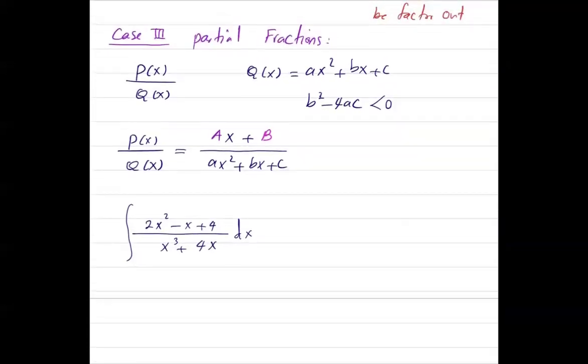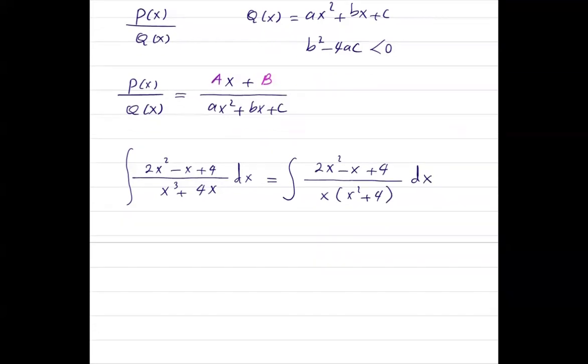This can be written as the integral of (2x squared minus x plus 4) divided by x times (x squared plus 4) dx, which in turn can be written as the integral of k divided by x, plus (ax plus b) divided by (x squared plus 4).